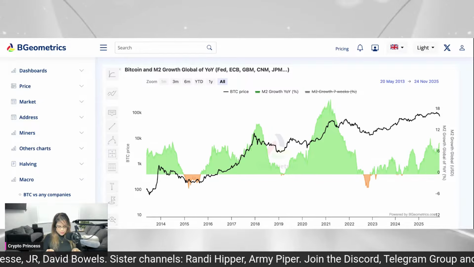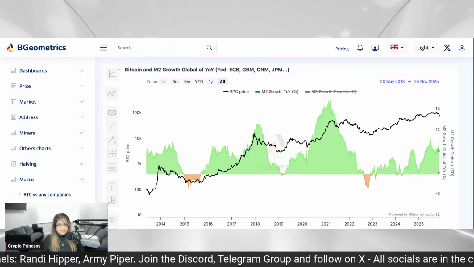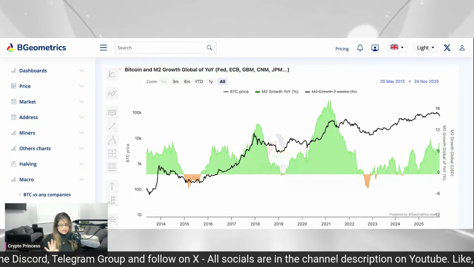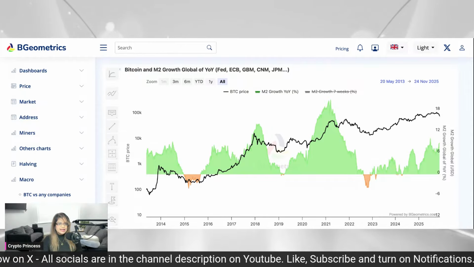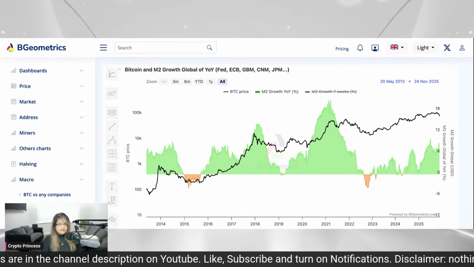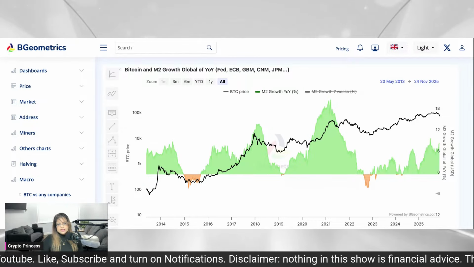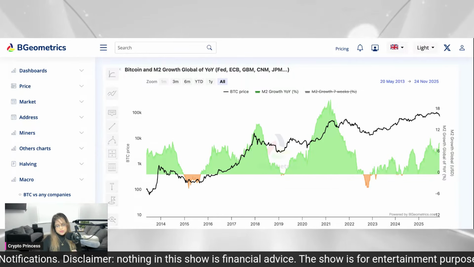Right. So when we talk about the M2 and its lag, we normally use something called the 86-day lag or the 108-day lag. These are very common to use in Bitcoin. If the M2 is rising, traders expect Bitcoin to follow, and they use these two windows.